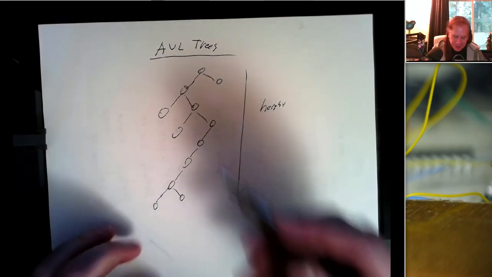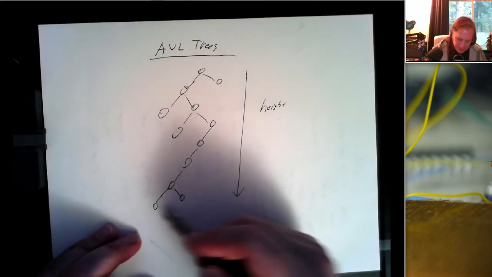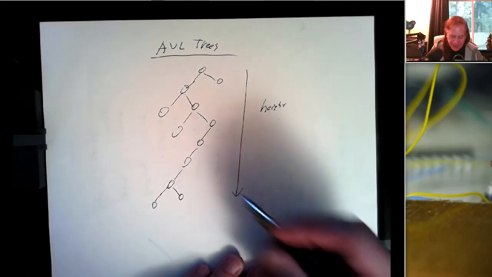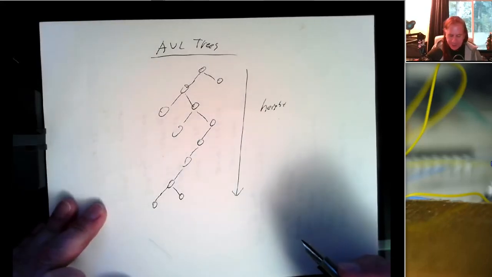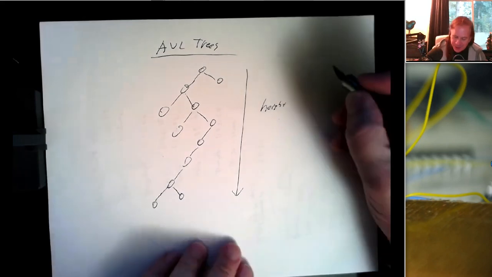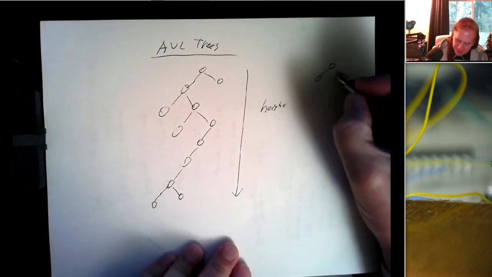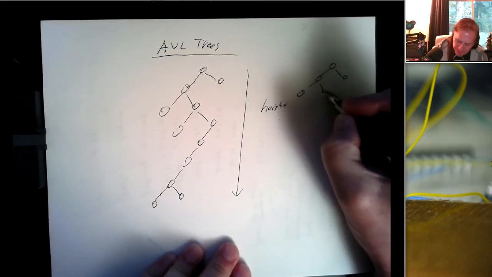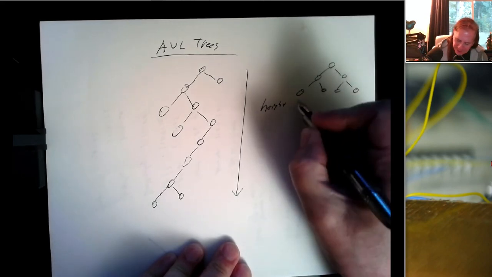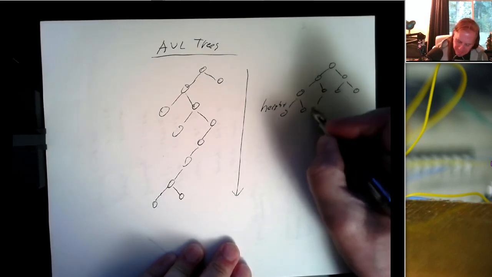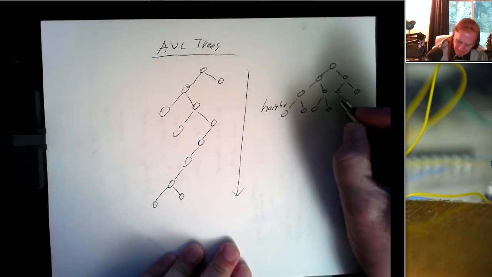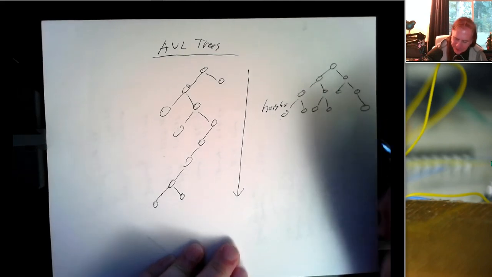So here we have a tree. It has 12 nodes in it, and it's got a pretty tall structure. But 12 nodes we could also store like this. So there's 7. I'll put it over here for space.